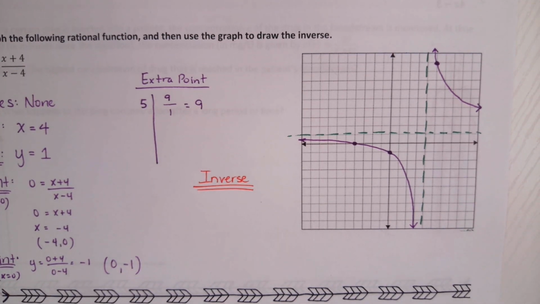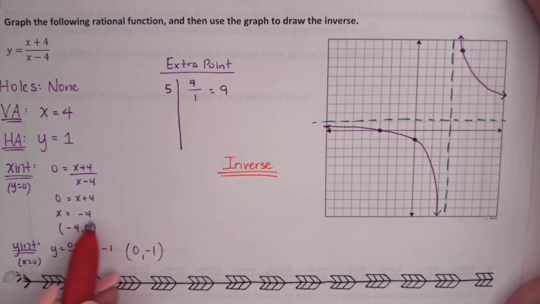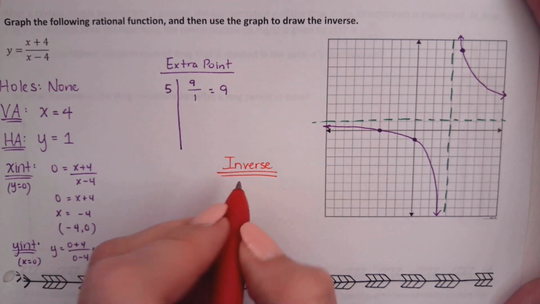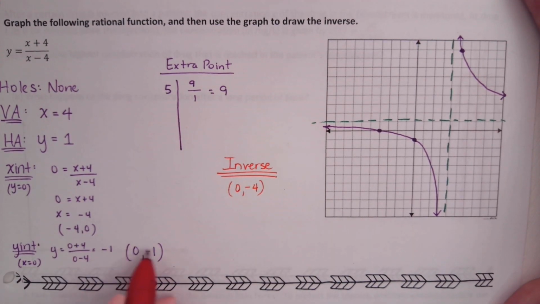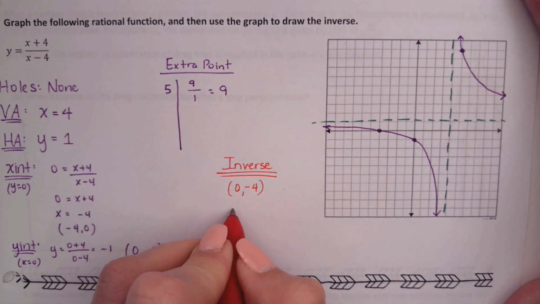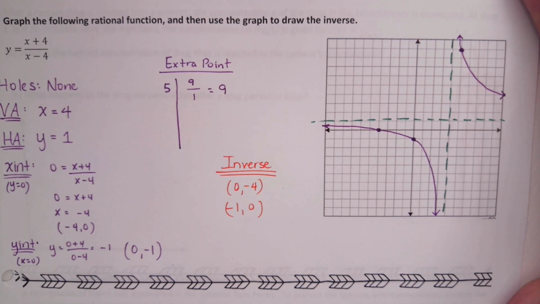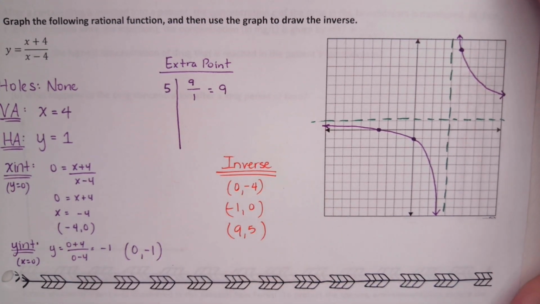They don't change signs, they don't flip over and become reciprocals, they just become backwards. So this point that we had at (-4, 0), what's it going to be on the inverse? (0, -4). This point that we had at (0, -1), the y-intercept, what's it going to be at? (-1, 0). The point that we had at (5, 9), what's it going to be at? (9, 5).